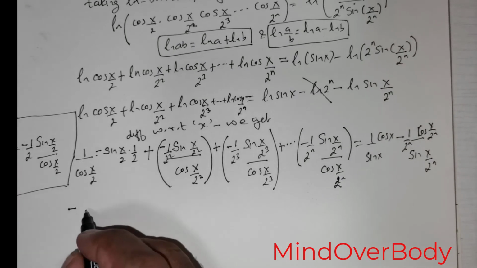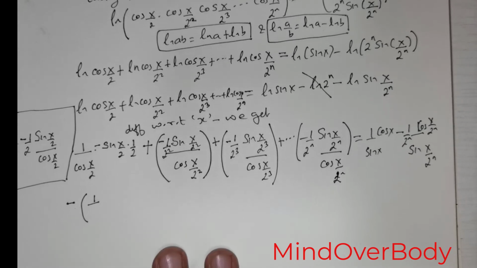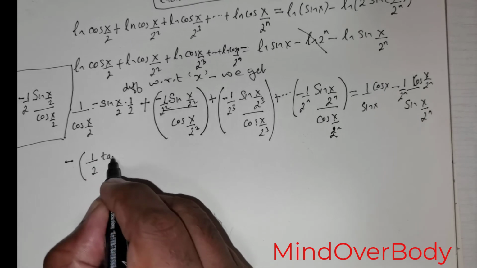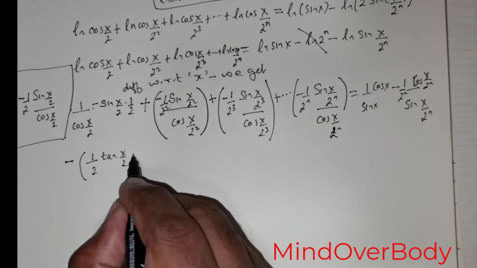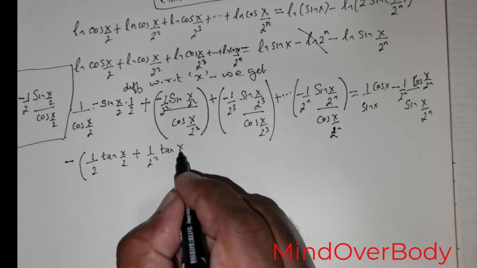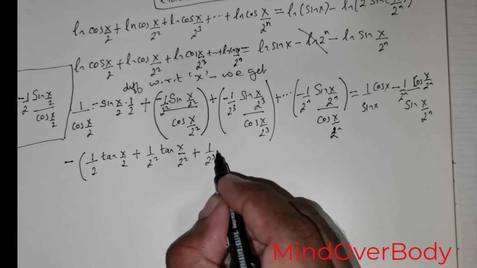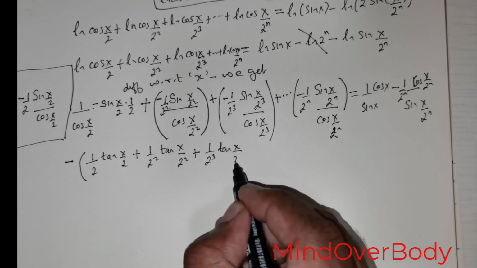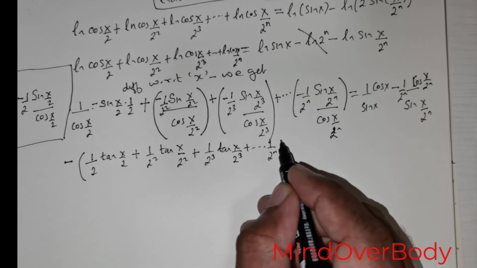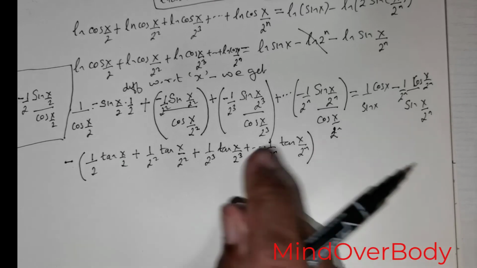So if I were to take that negative sign out, this is going to give me 1 over 2 times tan of x over 2 plus 1 over 2 squared tan of x over 2 squared plus 1 over 2 cubed tan of x over 2 cubed plus etc. 1 over 2 raised to the power of n tan of x over 2 raised to the power of n.